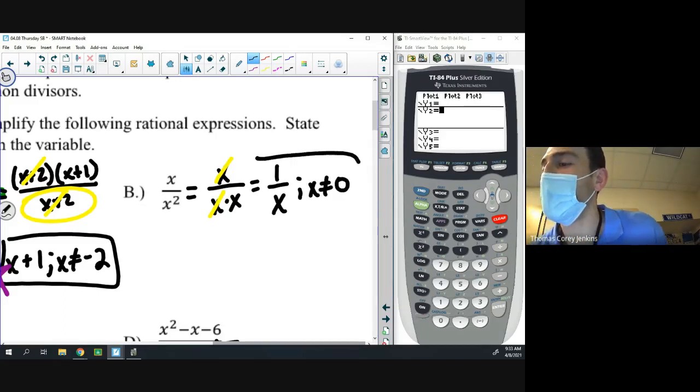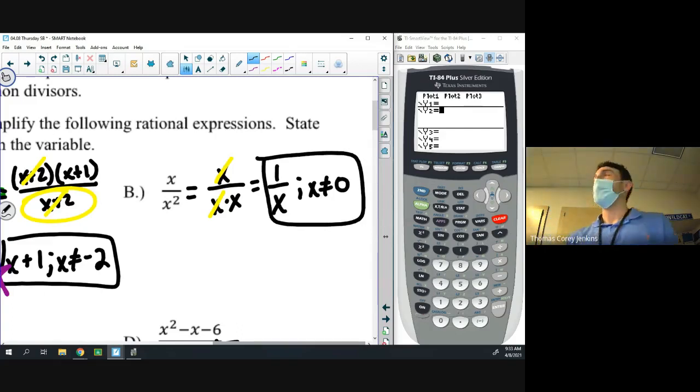X can't be 0. Now, that'd be one approach, how I just showed it there, or you might have thought exponent rules, right? So you might have thought 1 minus 2 gives me x to the -1, which is equivalent to 1 over x. Either way, works just fine.